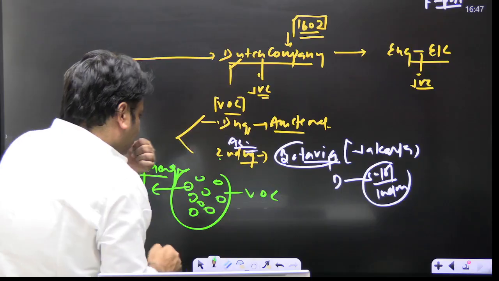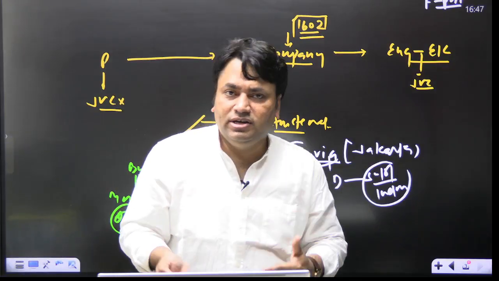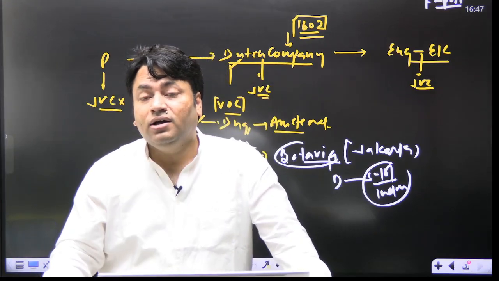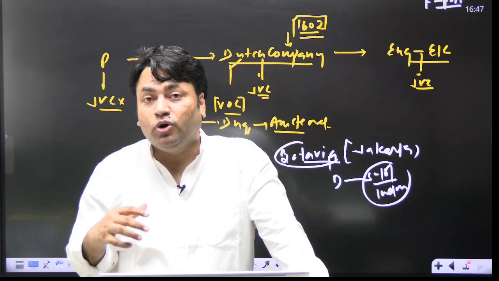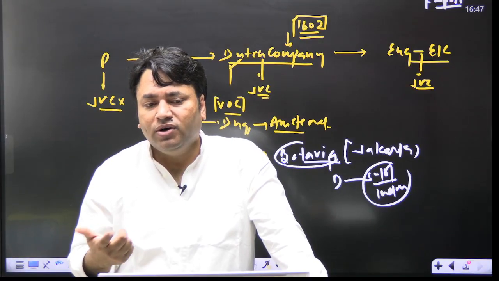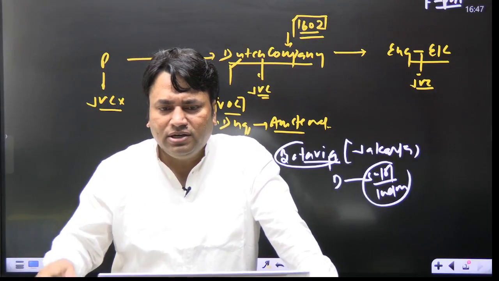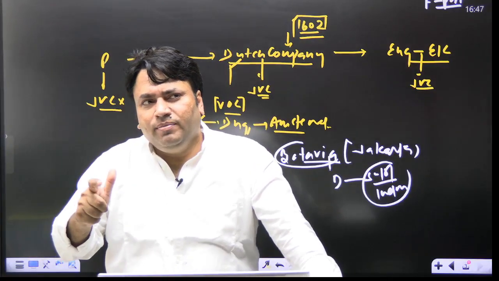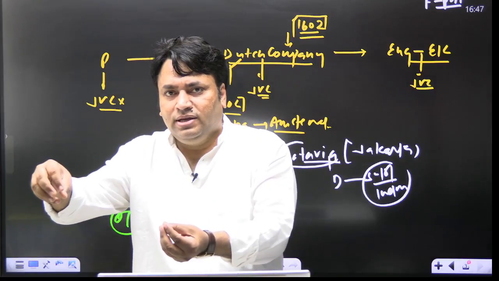Now there is a question: if there were small Dutch trading companies, what was the need for a large joint venture company, VOC? What was the reason?